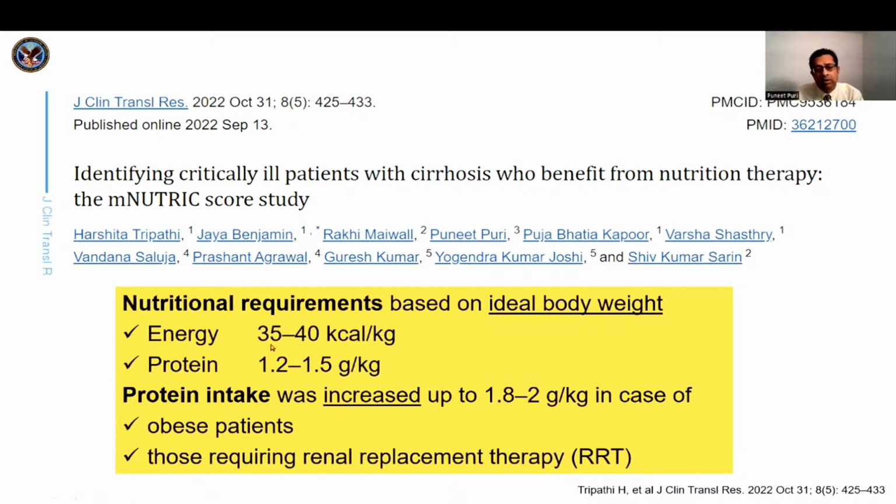Energy targets were 35 to 40 kilocalories per kilogram of ideal body weight, and protein 1.2 to 1.5 grams per kilogram of ideal body weight. Protein intake was subsequently increased in a select subset of patients to 1.8 to 2 grams per kilogram in those who were obese or required renal replacement therapy.